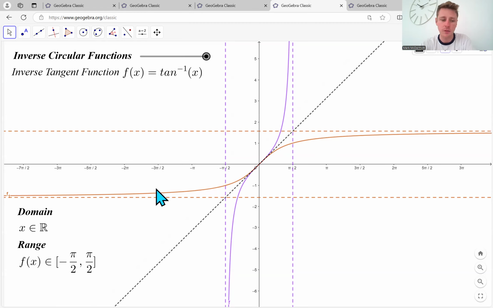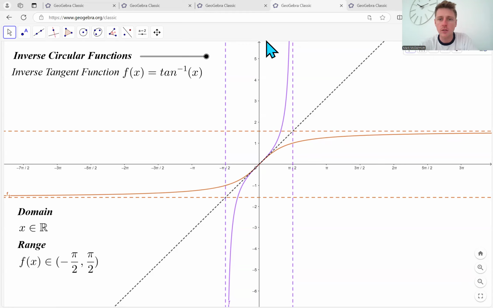And hopefully you picked up the error. This should be not including, shouldn't it? Yes, so we need round brackets here because we cannot include pi/2 and -pi/2 because it never gets there. It gets closer and closer and closer, but never quite gets there. So that is the inverse tangent function.